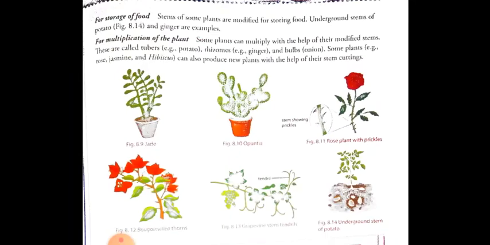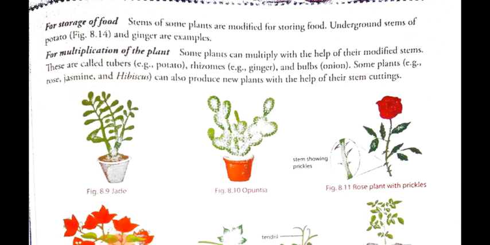The grapevine is an example of such plants with a special structure called stem tendrils. Next, in some plants, stems are used for storing food, like in the case of ginger and potatoes. The underground stems of potato and ginger are examples of such plants.